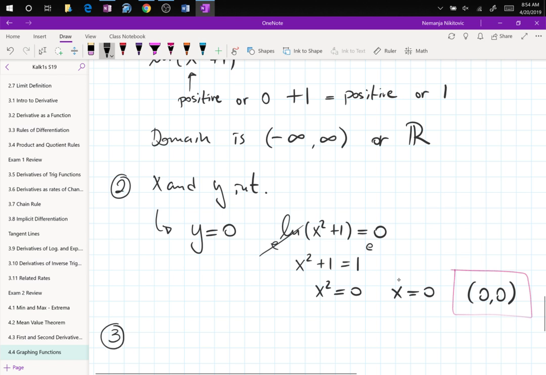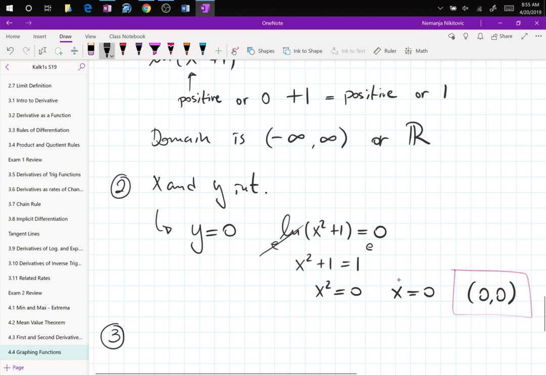Number 3, all kinds of asymptotes. Now, since we have a domain that is all real numbers, that means that the domain is not interrupted anywhere, therefore no vertical asymptotes. We know that ln should have a vertical asymptote, but this is ln of x squared plus 1, so it's a different function, right?